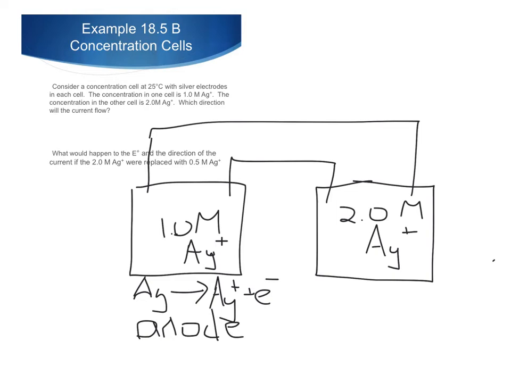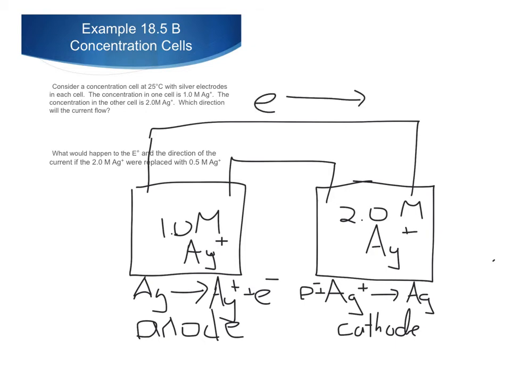And then on the right side, we need a lower molarity, so we're going to need those silver ions to turn into solid silver. There we go, got the handwriting working a little bit better. And that's going to make this our cathode. The electron flow comes off of the anode and goes to the cathode, so it's going to go this way.